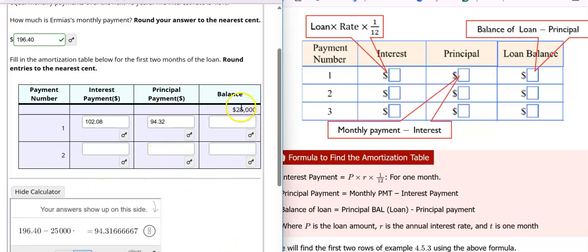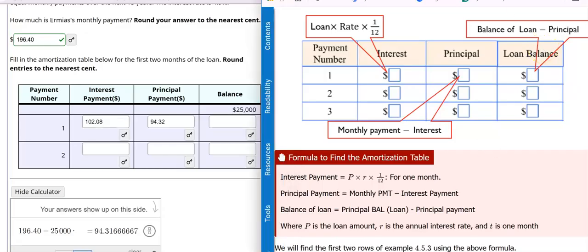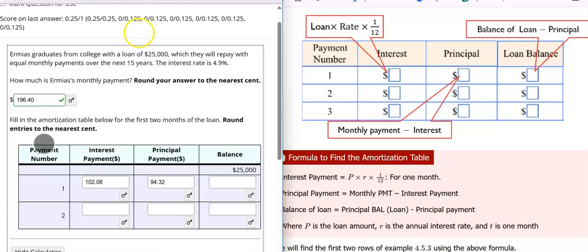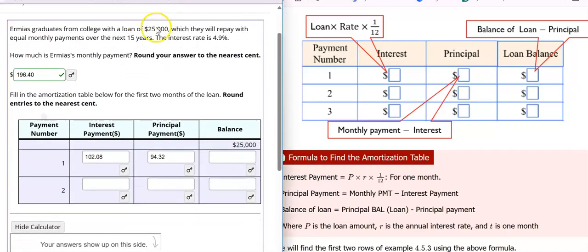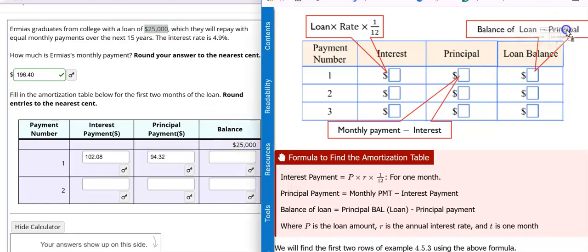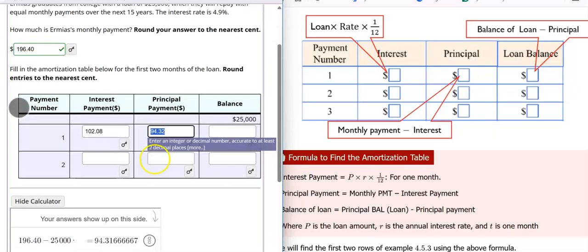In the third box, I'm looking for the balance. The balance is the balance of the loan minus the principal. At the beginning, the loan was $25,000. You subtract the principal, which in this case is $94.32.